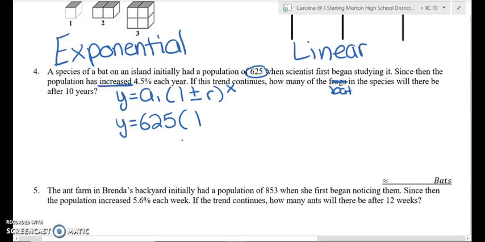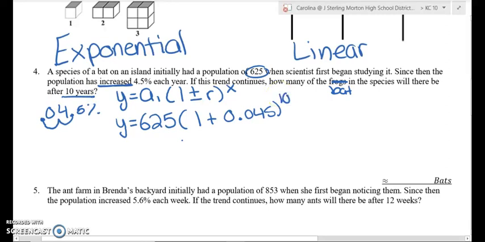Because it's increasing, it's going to be 1 plus r. R is 4.5%. Remember, you have to convert that to a decimal. 4.5%. Move the decimal to the left 2 spaces and becomes 0.045 to the what power? In this case, they want us to solve for 10 years. So it's going to be raised to the 10th power.